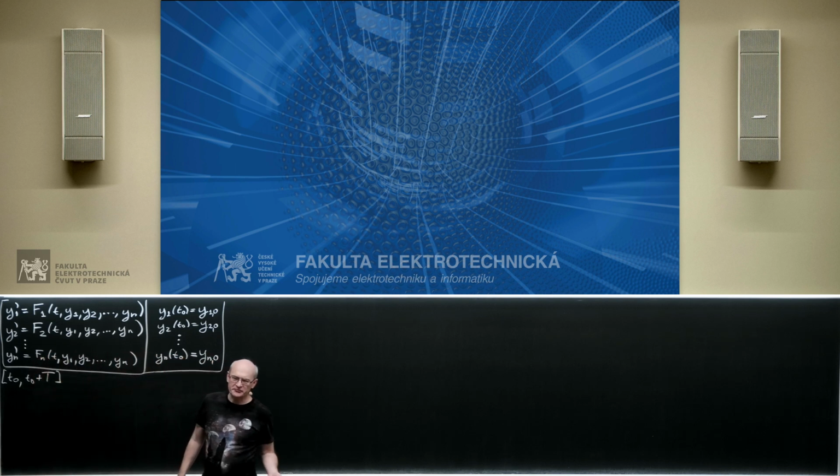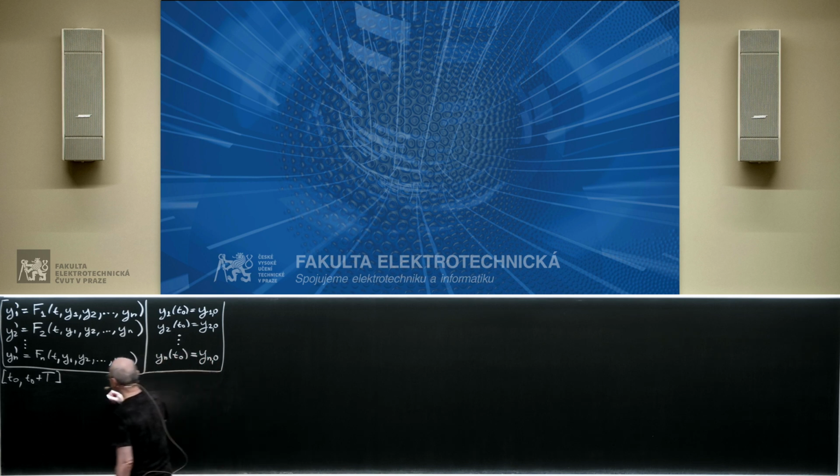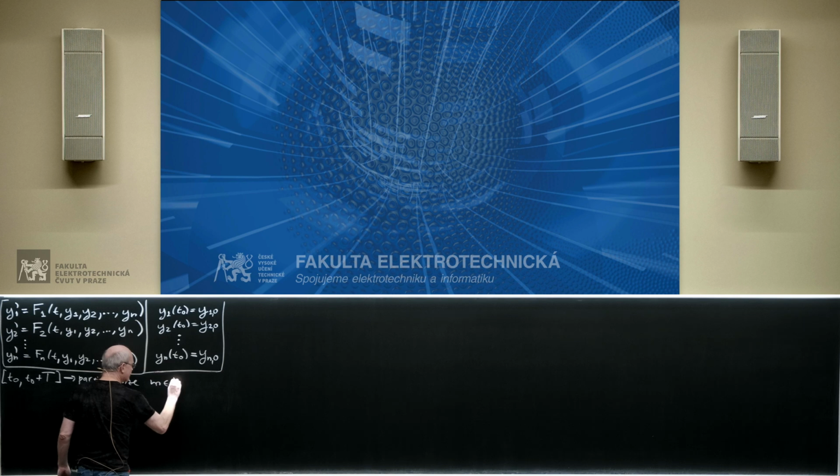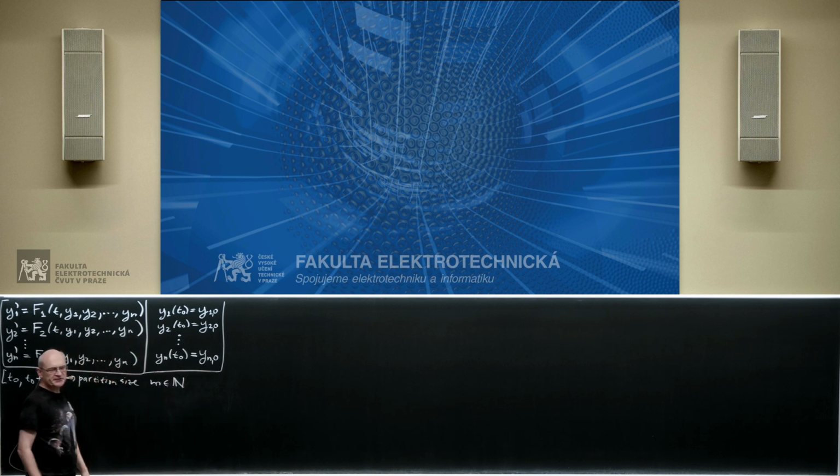Now we take this interval, we split it into equal parts. So we have partition size. And typically I was calling it n, but unfortunately here n is the dimension of the system. So I have to choose another letter, let's say m. I have my partition size.